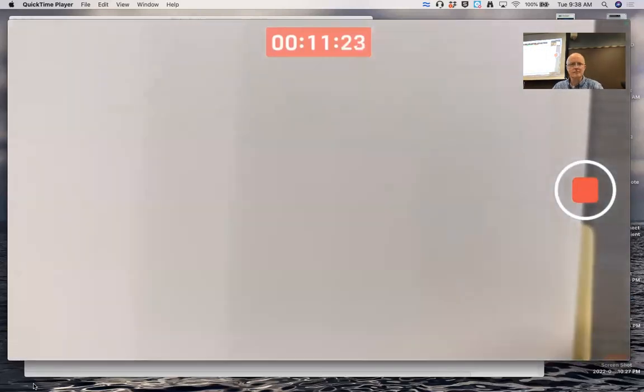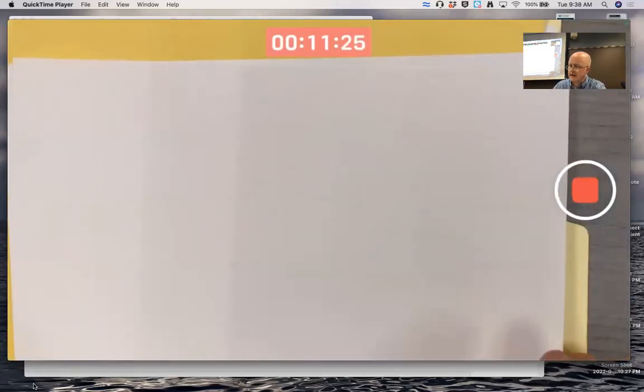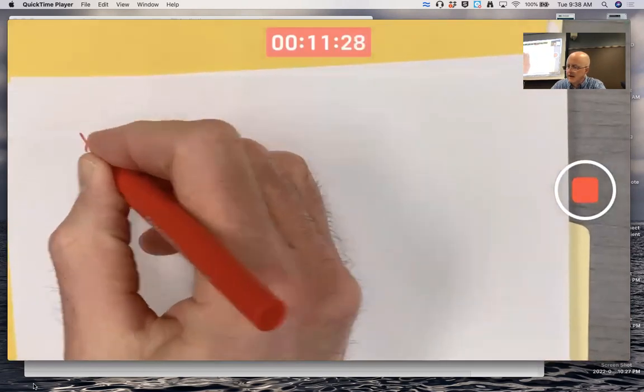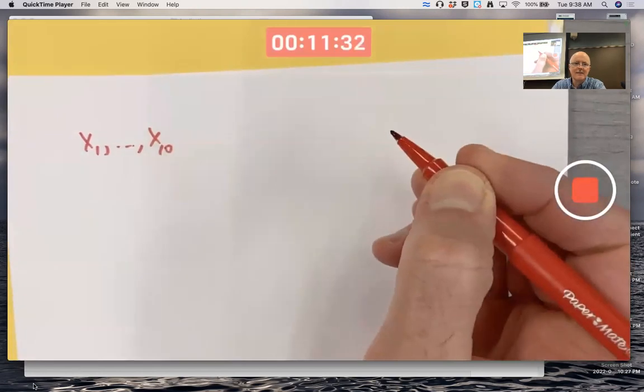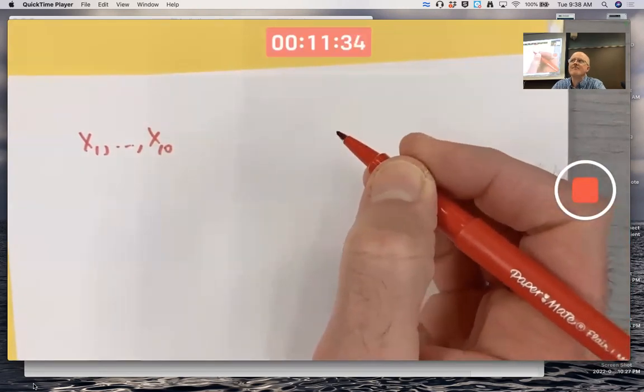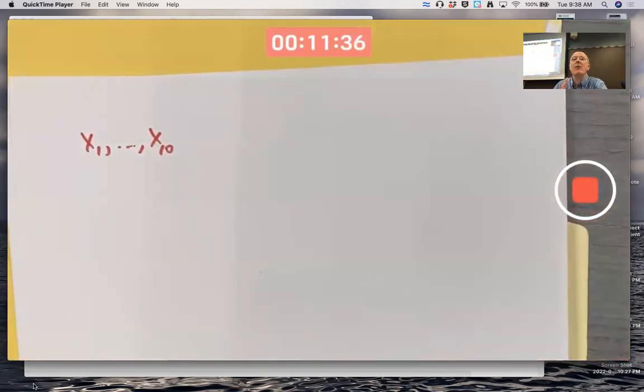Okay, so let's work this out here. X1 through X10, they picked a particular value of n. Maybe I will go ahead and calculate the likelihood ratio, leaving n unspecified, though in the end we'll plug in n equals 10 to help us actually finish the problem.